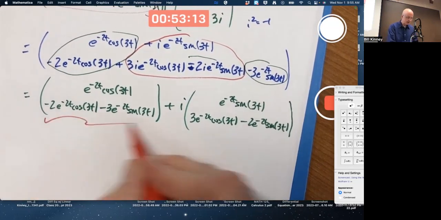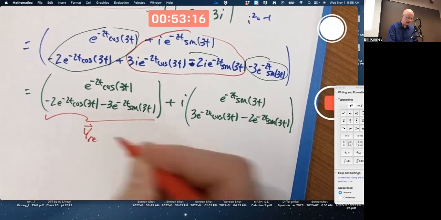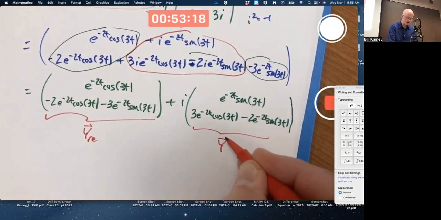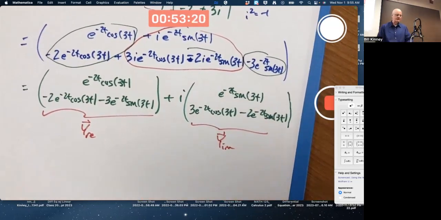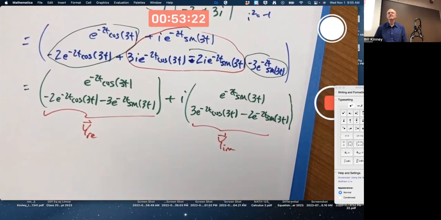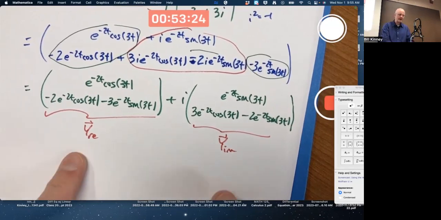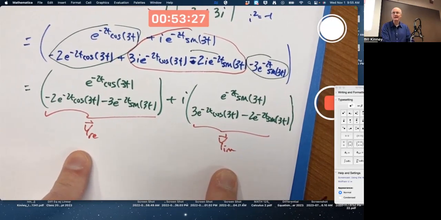Call this capital Y vector sub RE and this one capital Y vector sub IM. Notice I'm not including the i when I do that. Y_RE and Y_IM are both real quantities, real vectors.